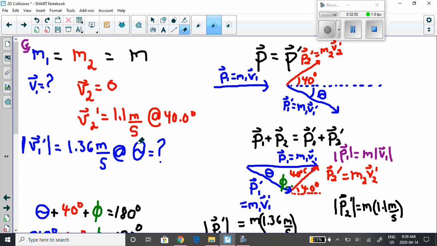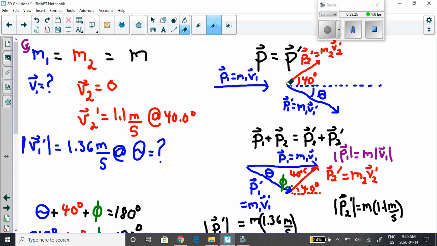Well, how are we going to solve this problem? We're going to use the law of conservation of momentum. Momentum before the collision, P, is equal to momentum after the collision, P prime. Let's draw a representation, so we're going to start a diagram here, of the momentum before the collision. And here it is. The blue arrow represents the momentum before the collision. Now, let's draw a graphical representation of momentum after the collision.